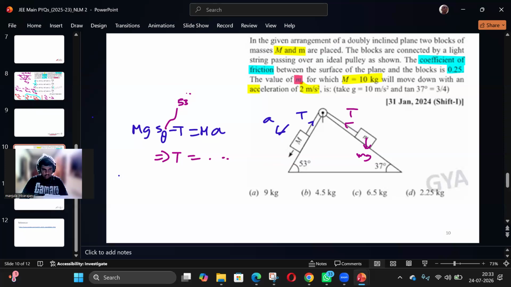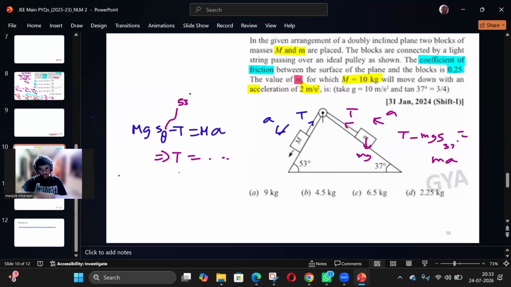Because for sine, as the angle increases, the value will increase. So sine 37 is 3/5. Sine 53 is 4/5. Here in this one, this is going up. So the net force is T minus mg sine 37 equal to small m times the acceleration, which is given.